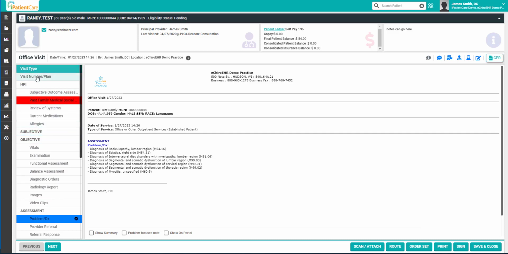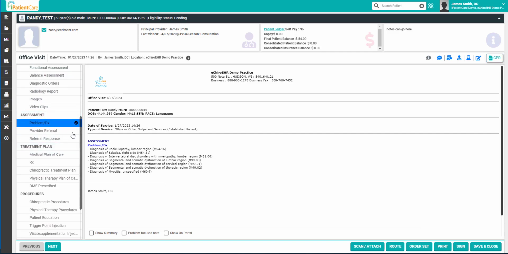First one that we'll cover will be visit type, and that will help us know what type of visit this is, visit number per the plan within a treatment plan, history of present illness, and then of course subjective outcome assessments, past family medical social history, review of systems, documenting current meds or allergies, subjective, which helps identify and detail the chief complaints, and then of course our objective findings, including our vitals, exam, functional and balance assessment, testing, diagnostic orders, radiology report, and then to be able to bring in images or take images, both video and still, that can be recorded within the patient record.